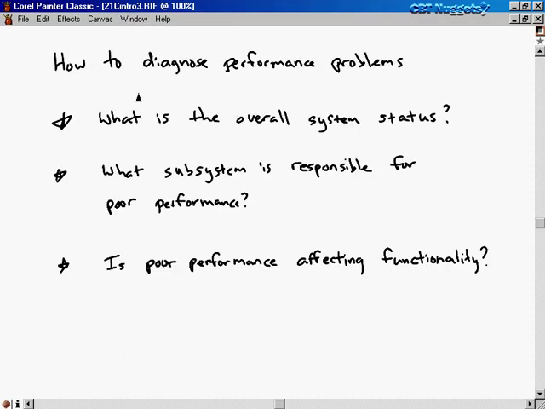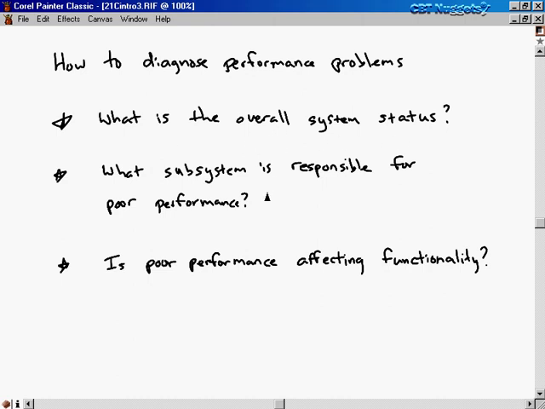So the big picture here is, how do we diagnose these performance problems? I've given you a few questions that you can ask. The first question is, what is the overall system status? Does it seem like the system's loaded up? Is there some noticeable performance lag when you do certain tasks? That's the first question you need to ask.